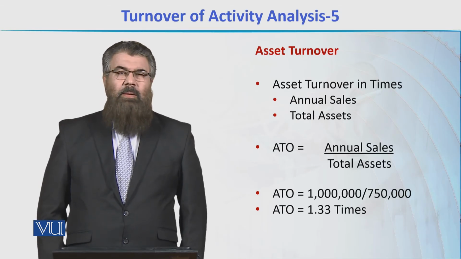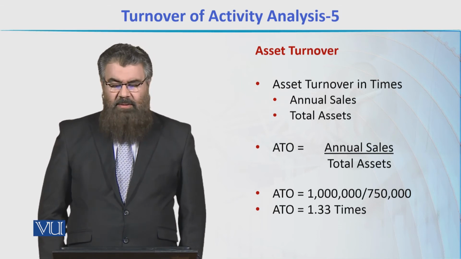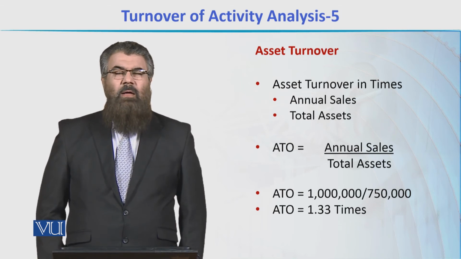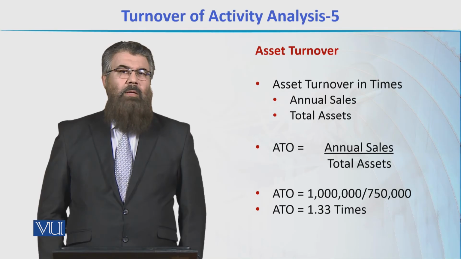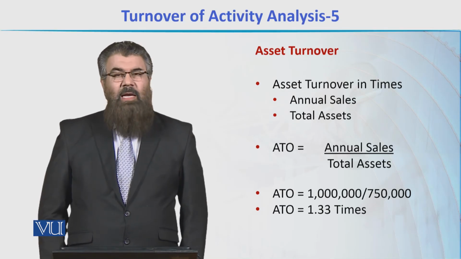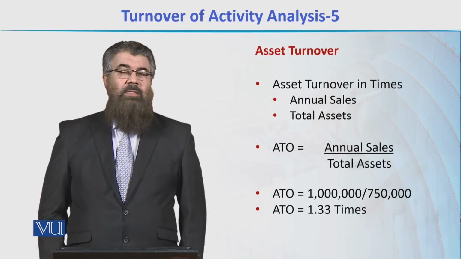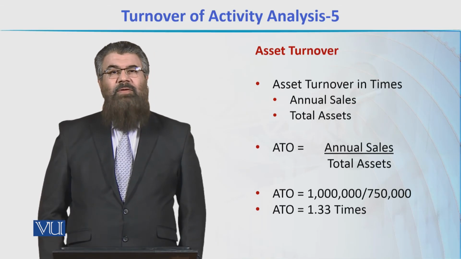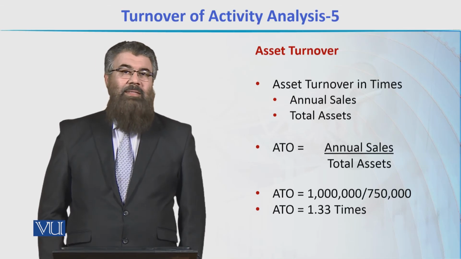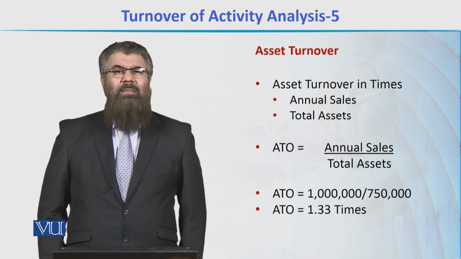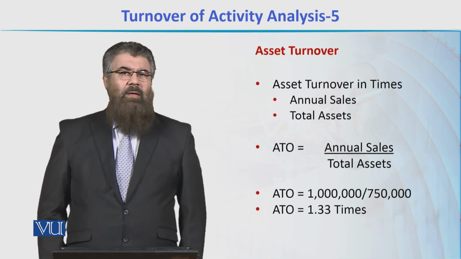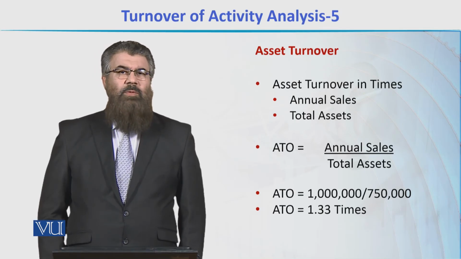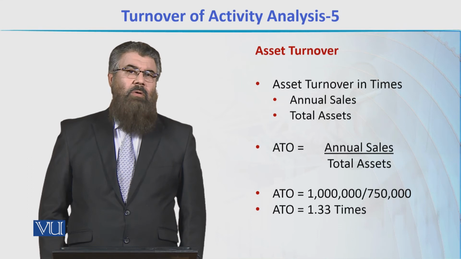If we take some example, let's say as it is there in this slide, our sales amount is 1 million rupees and the value of our total assets is 750,000, which means that our sales have exceeded the value of our assets. As a rule of thumb, we may say that if the sales go higher than the value of our assets, we say that this ratio is good.